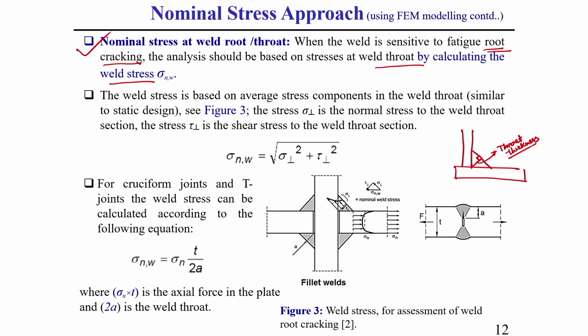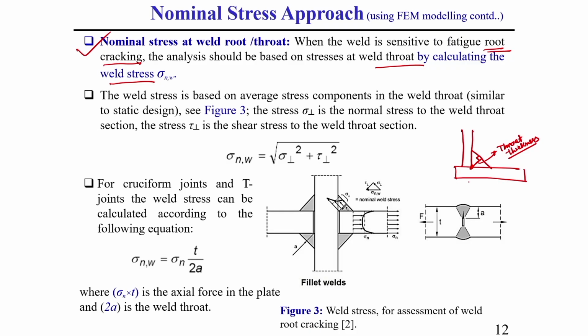Okay. So, once we consider failure in the weld root, in that case we need to calculate nominal stress at this throat zone. Whatever the nominal stress is in this throat zone, that is generally represented as sigma NW. Why sigma NW?